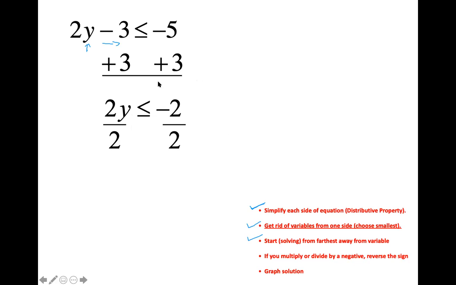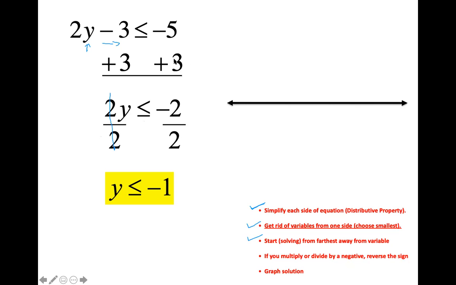The 2's on the left side cancel, and we're left with y is less than or equal to -1. Now you're like, wait a minute, shouldn't I have flipped the inequality? I got a negative. Remember, it's not that you get a negative, it's that if you ever multiply or divide by a negative. Here, you are dividing by positive 2, not a negative 2. That's why we didn't flip the inequality.